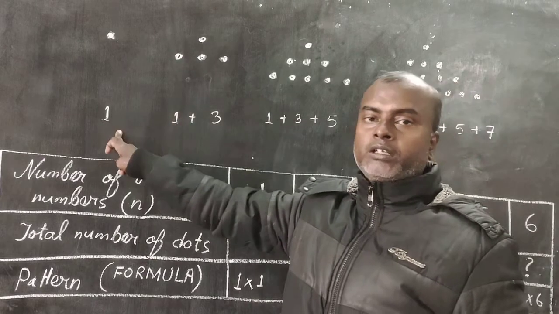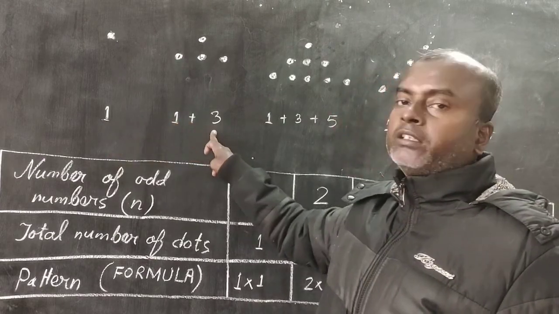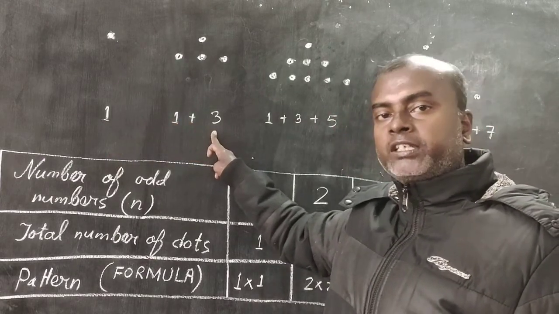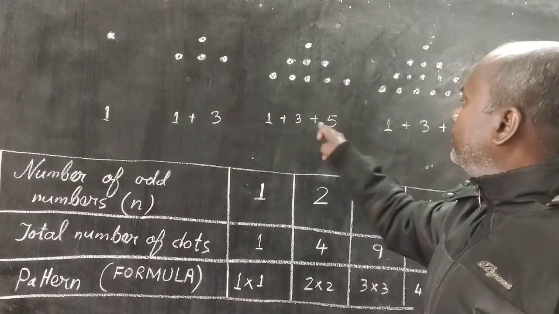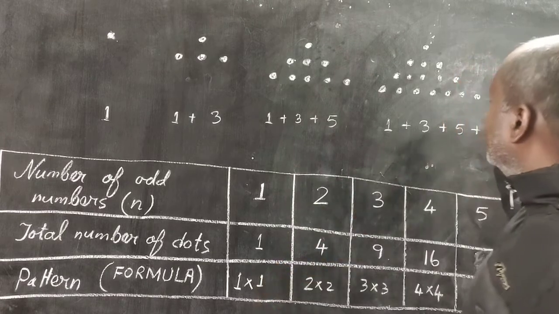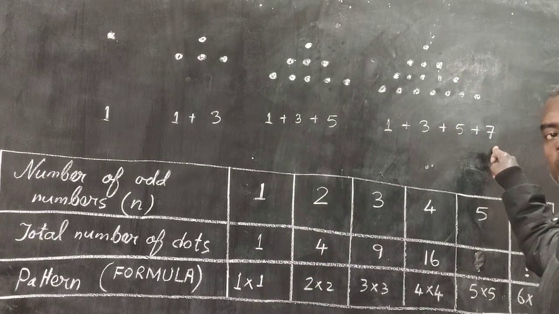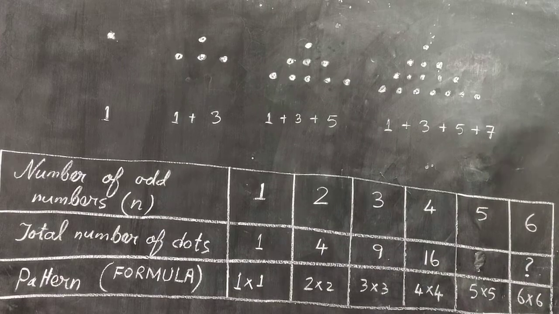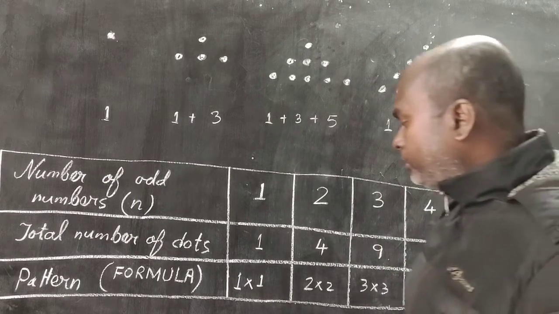First case, 1 is an odd number. Then 3 more dots were added, that 3 is also an odd number. Then 5 more dots were added, this 5 also is an odd number. Then 7 more dots were added, this 7 also is an odd number. So what will be the next case? What do you think?